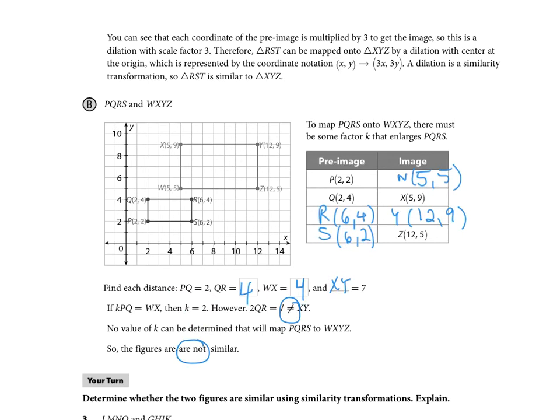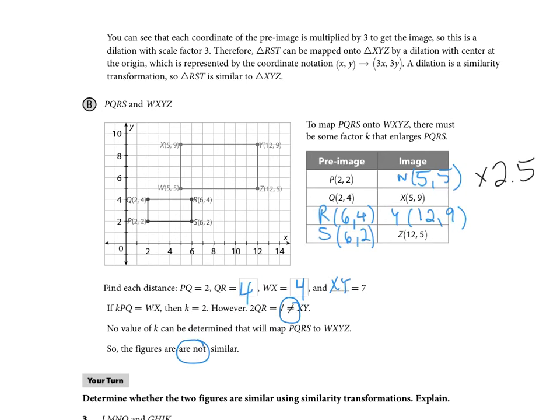Another way to think about that, and this is just a little side note, as I'm looking at the multiplier between the pre-image and the image, I might take a k value for this first point from P to W, to multiply everything by 2.5 to go from 2 to 5.